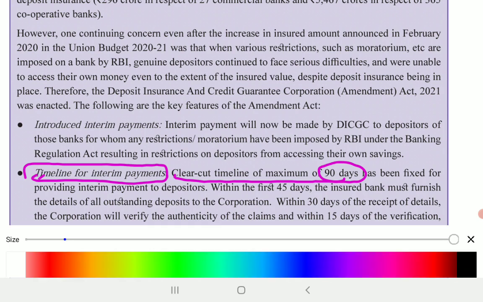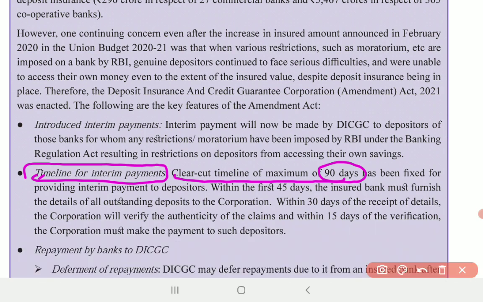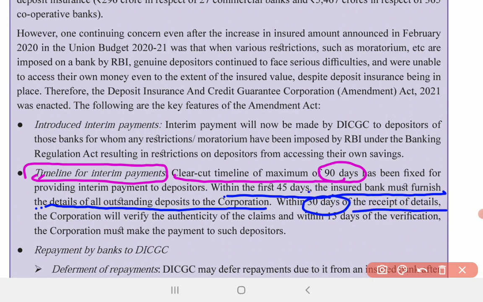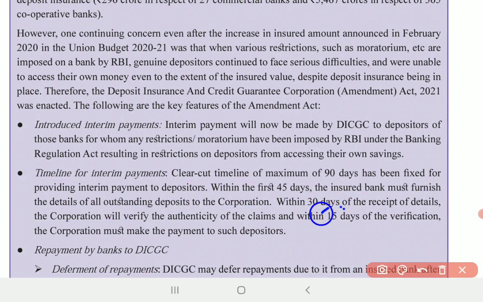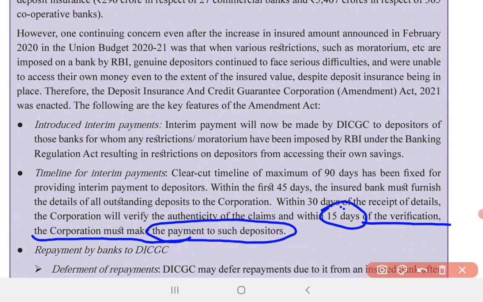Within the first 45 days, the insured bank must furnish the details of outstanding deposits to the corporation, and within 30 days of the receipt of the details, the corporation will verify the authenticity of the claims, and within 15 days from then, the corporation must make the payment to the depositors. So within 90 days you will be getting the interim payment from the corporation.